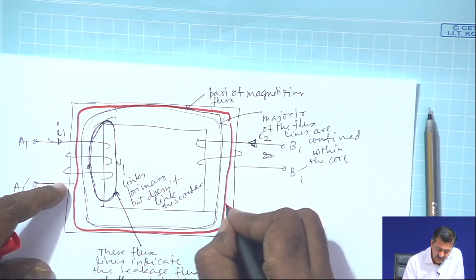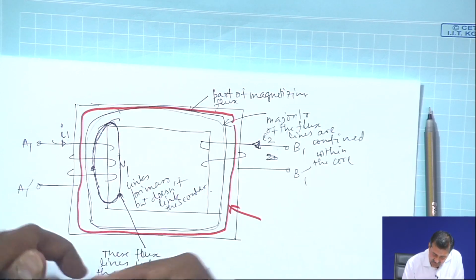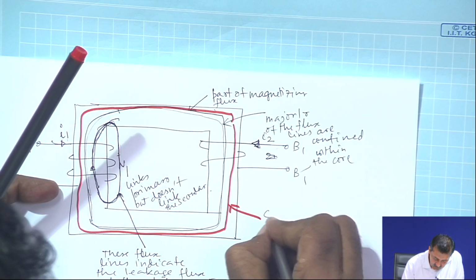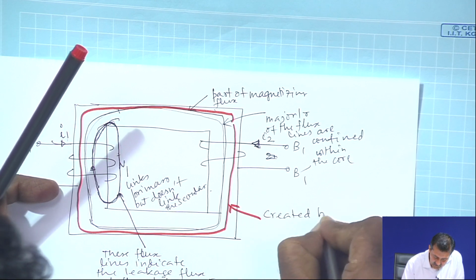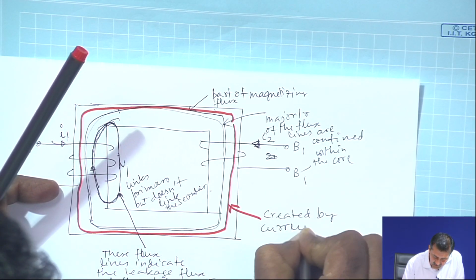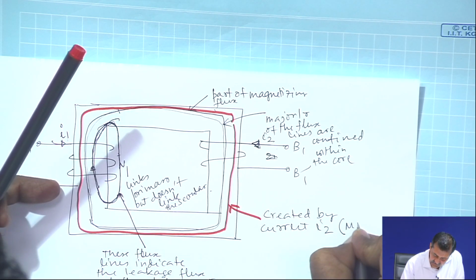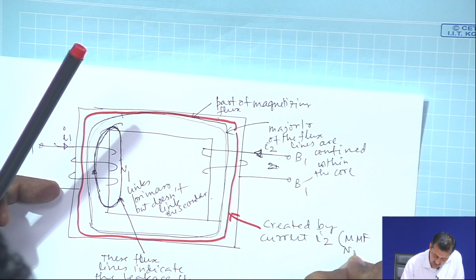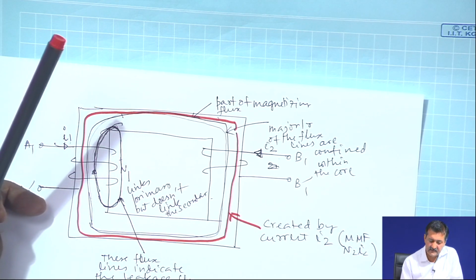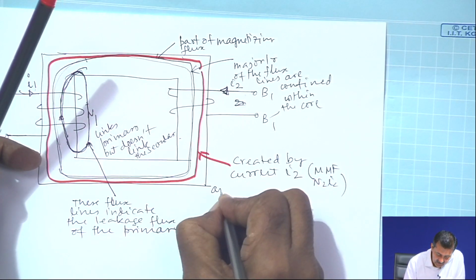These flux lines are created by current I2, and the corresponding MMF is N2 I2.